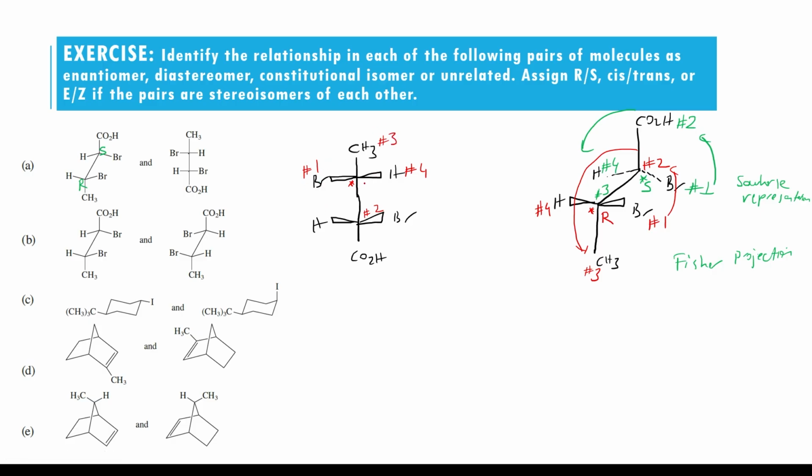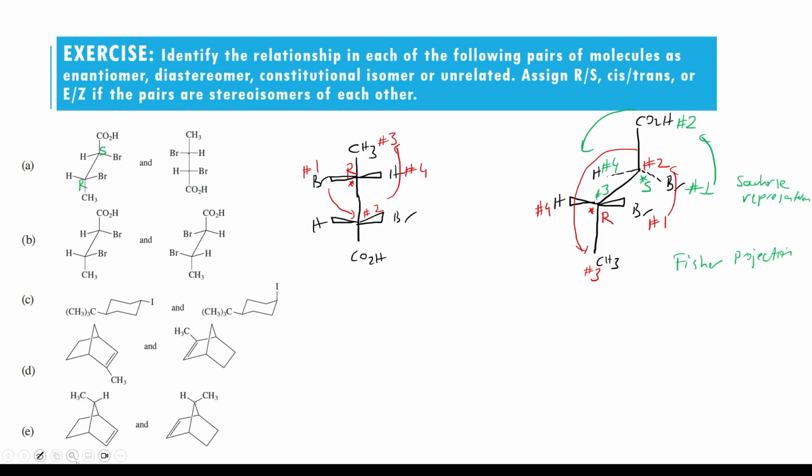Hydrogen is coming out of the plane, you have to keep in mind. So let's look from 1 to 2, 2 to 3. The rotation is counterclockwise. I'm tempted to say it's S, but it should be the opposite because hydrogen is coming out of the plane. So it's going to be R.